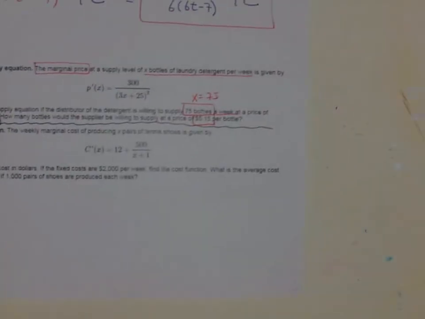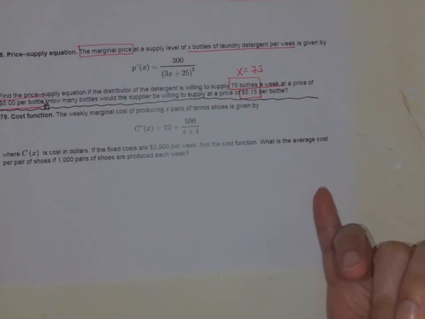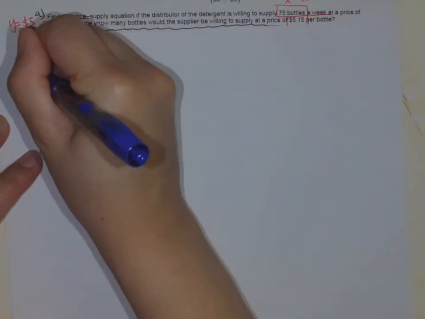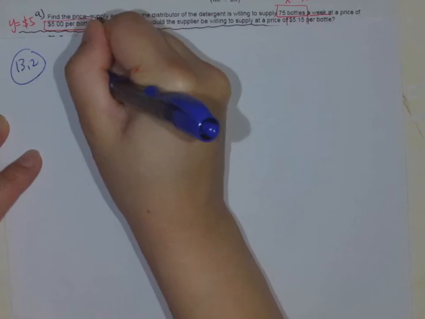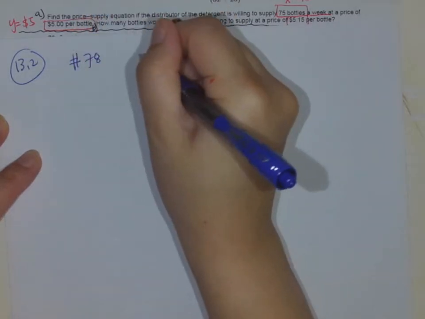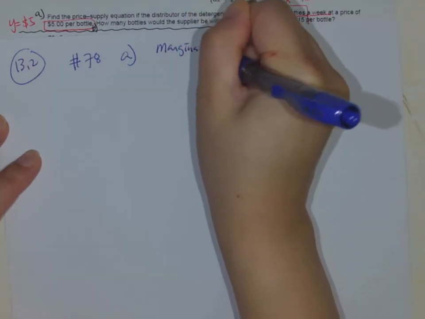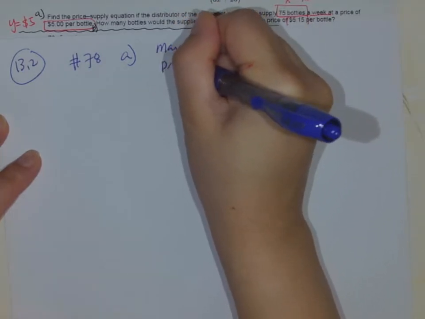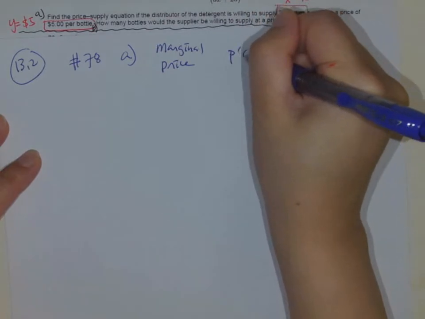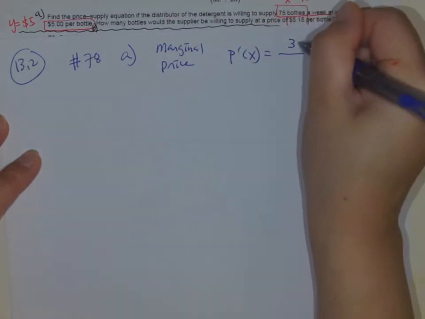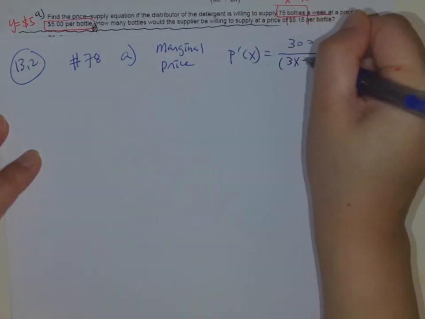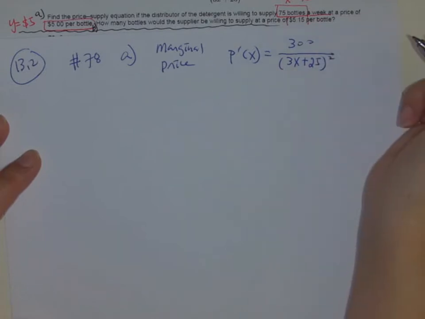So number 78. First I need to find my price function, right? So let's see. So number 78 for 13.2. The a part, you are given the marginal price function, which is p prime of x equal to 300 over 3x plus 25 to the second power.